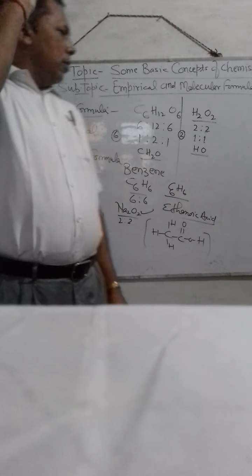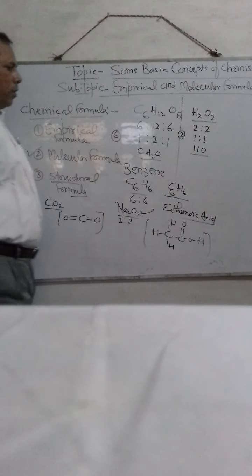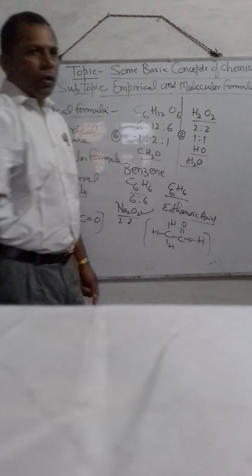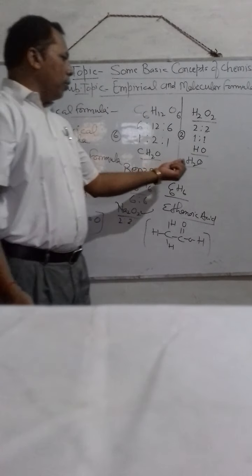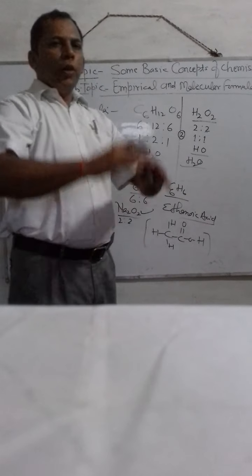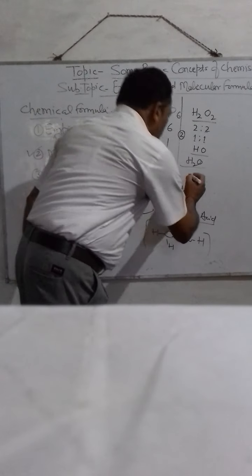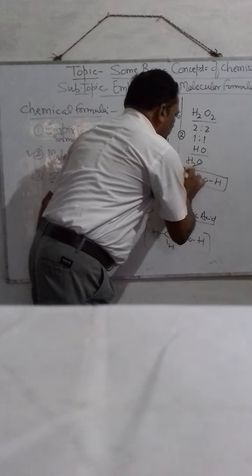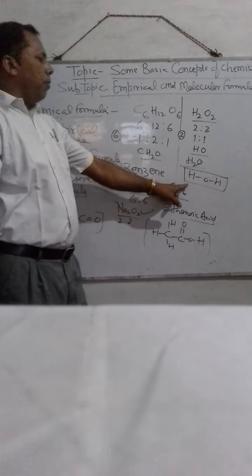And in the most simple way, suppose you have to write the structural formula of a water molecule. That is very simple. There are two hydrogen atoms and one oxygen atom, and you have to show their bond formation. So that is H-O-H. This represents the structural formula of a water molecule.